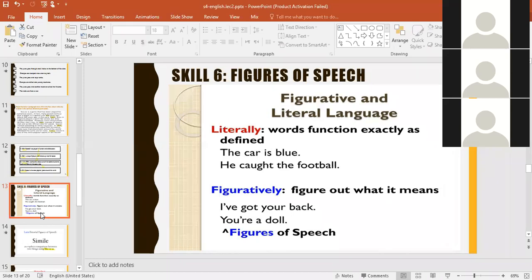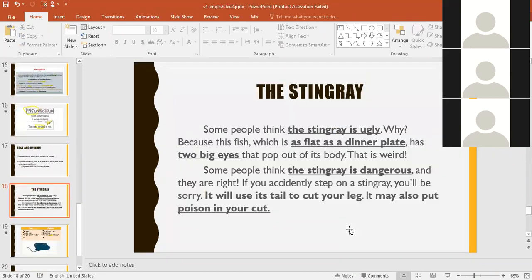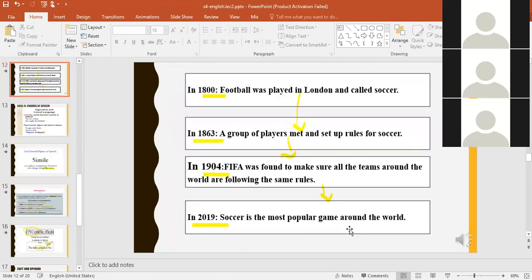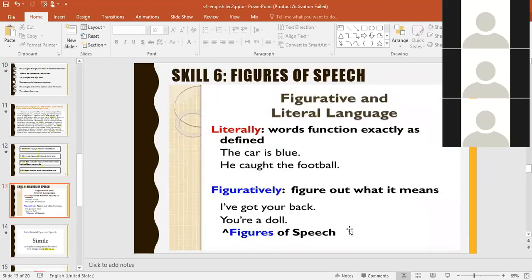Literal language is when the word functions exactly as defined. For example, if I say Ali is smart, I'm describing him as a smart person. So smart is a literal word. It describes him. The car is blue, so blue describes the car.